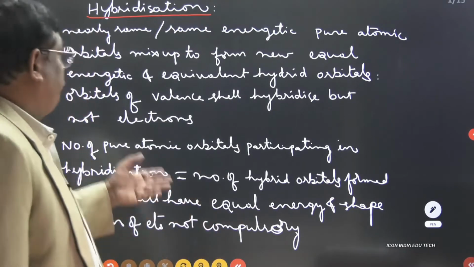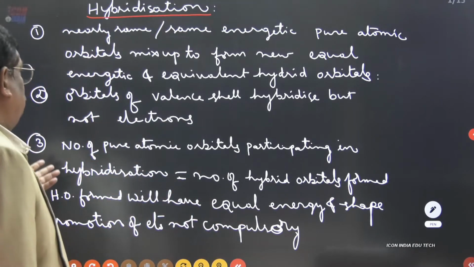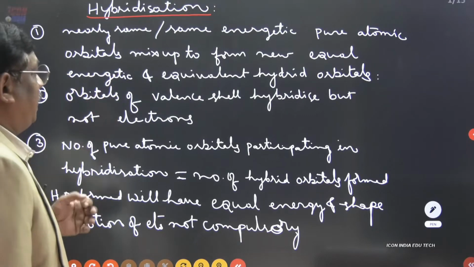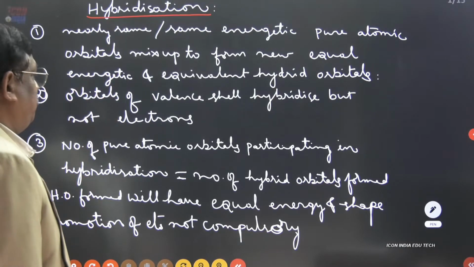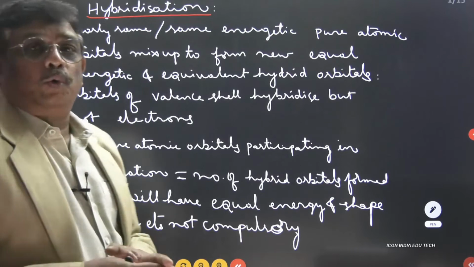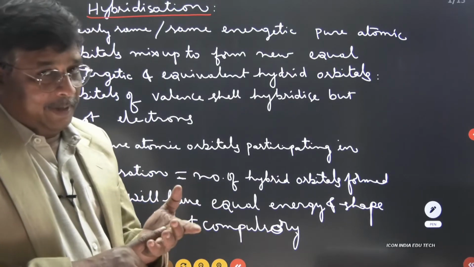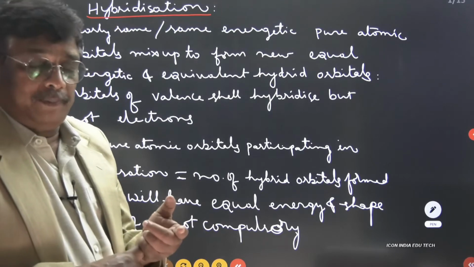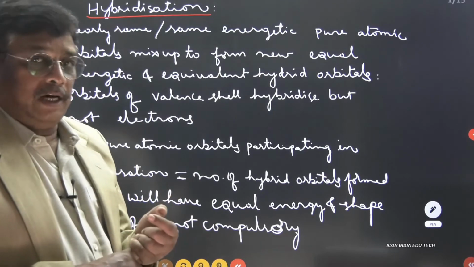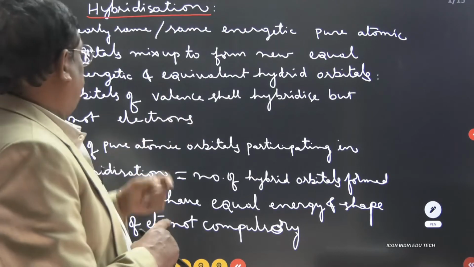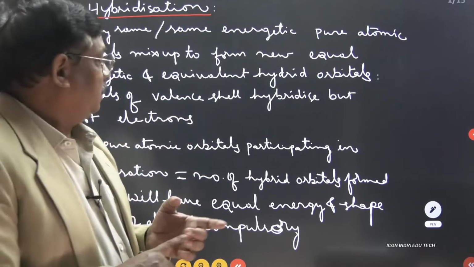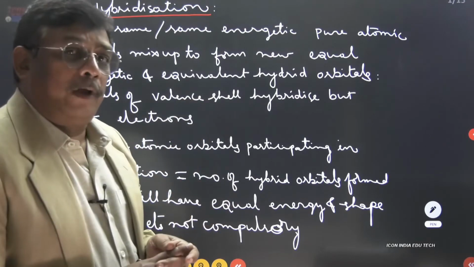What is hybridization first of all? Nearly same or same energetic pure atomic orbitals mix up to form equal energetic and equivalent orbitals.